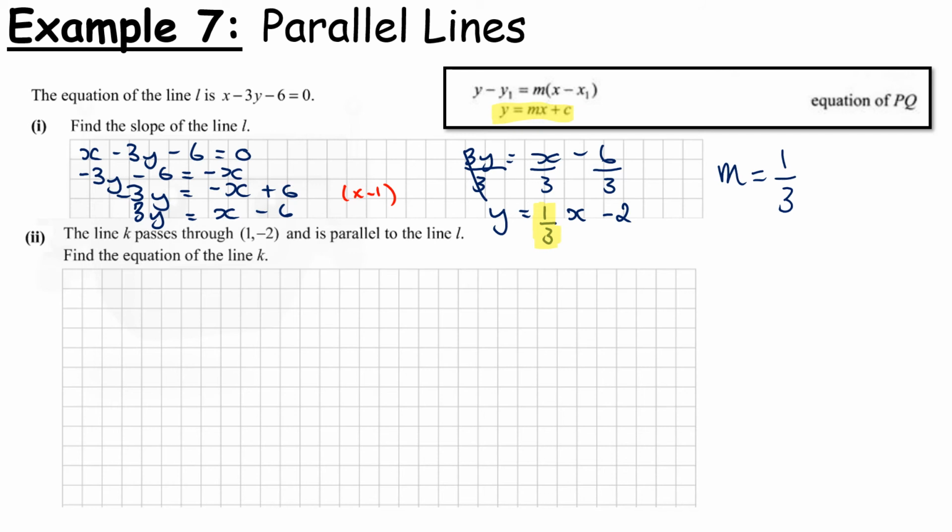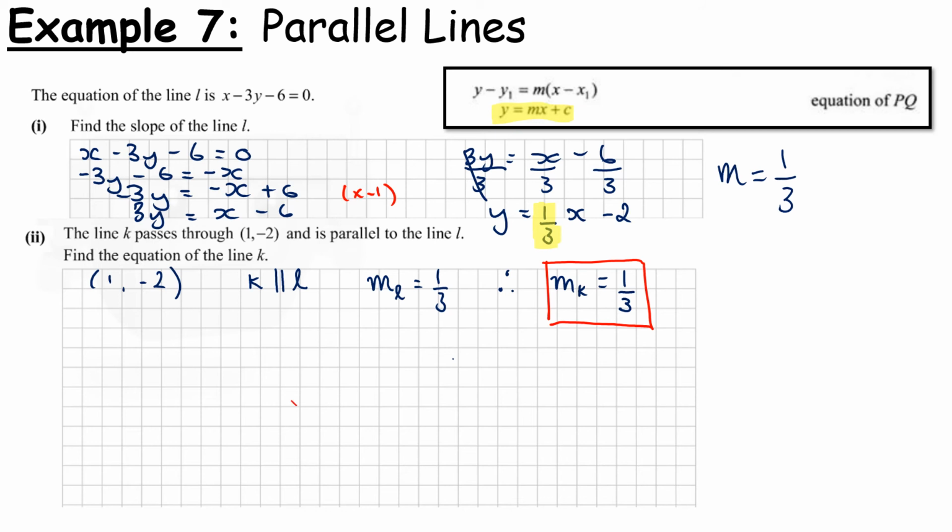Now, the line K passes through the point 1, minus 2, and is parallel. So they've told us that K is parallel to L. So we know that if the slope of L is a third, therefore the slope of K must also be a third, because parallel lines have the same slope. So I have my slope here.